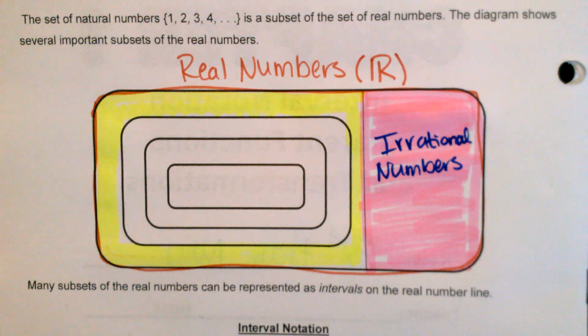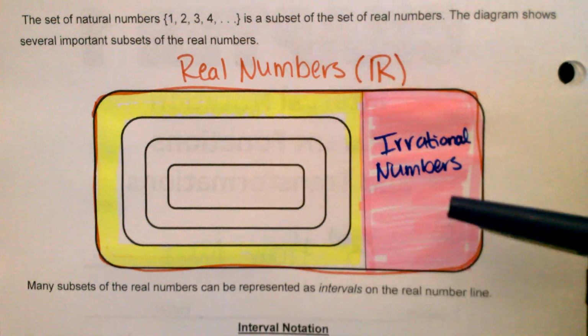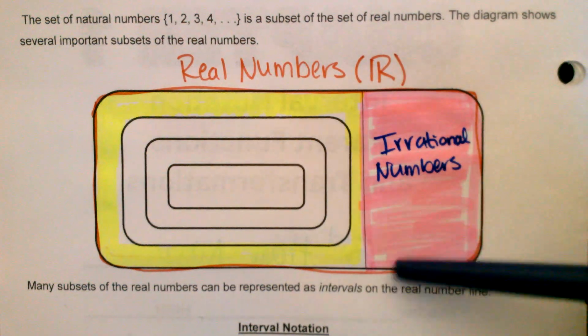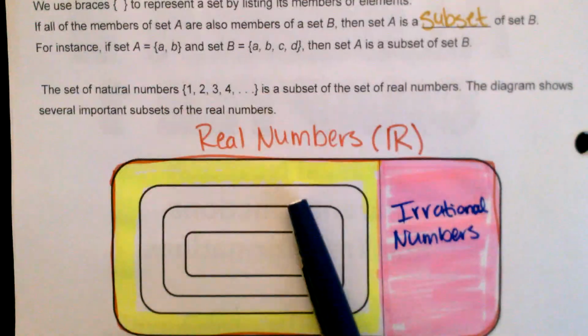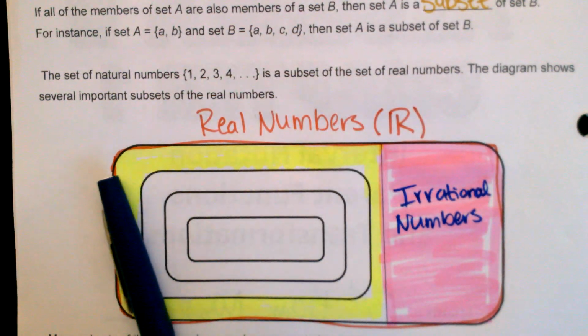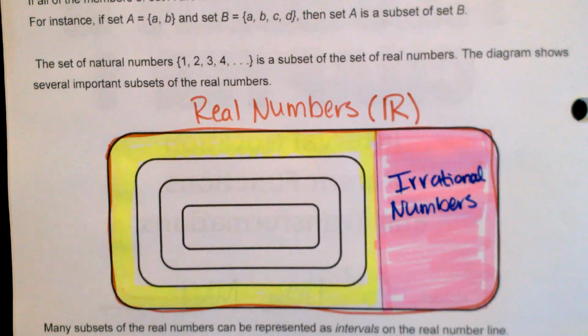Okay, so this entire box represents real numbers. Okay? I'm then going to split my box. So this line here, I'm splitting my box. Over here is irrational numbers. On this side are rational numbers. Rational numbers.